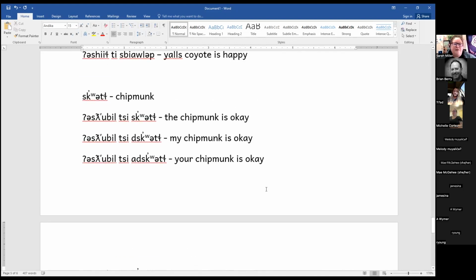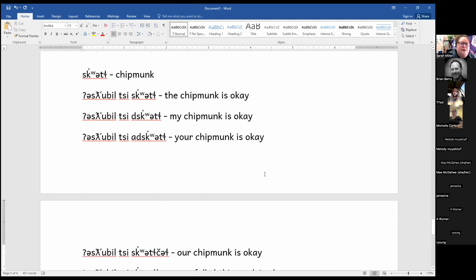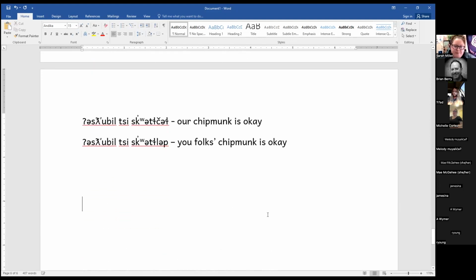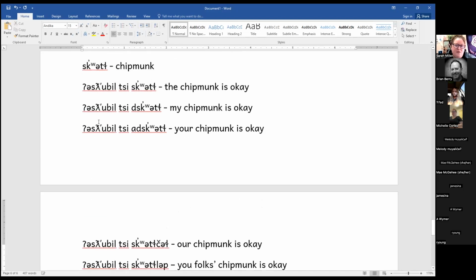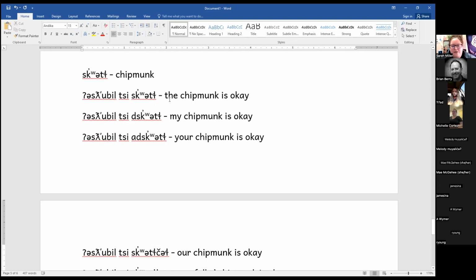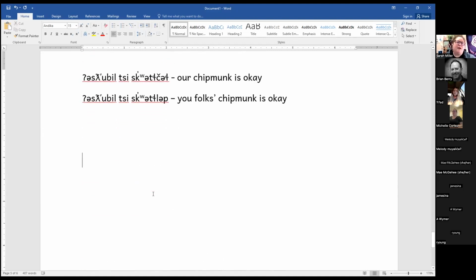That's how you know you're saying it right. So we understand that the chipmunk is okay. We have a traditional story, Chipmunk and the Owl Lady, which discusses how Chipmunk got the scratches or markings on her back. It was from the Owl Lady. So chipmunk's okay, even though she's got the scratches on her back.